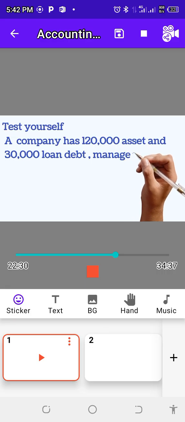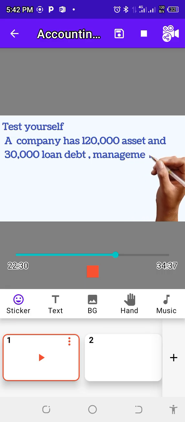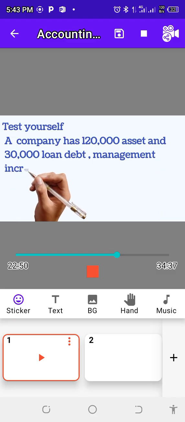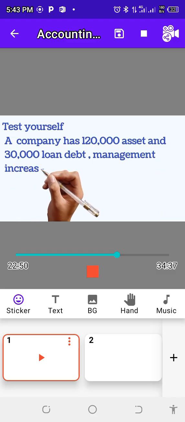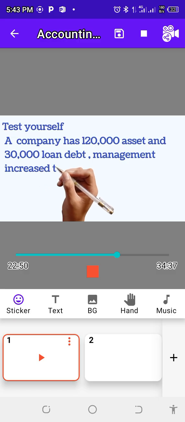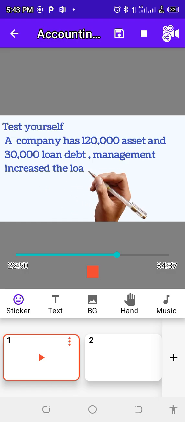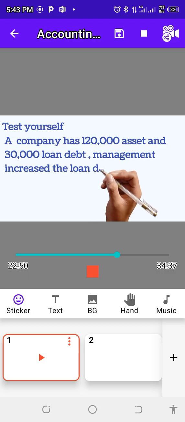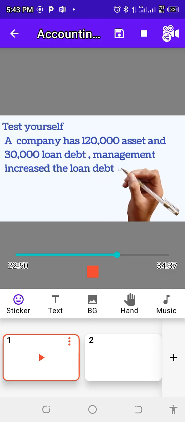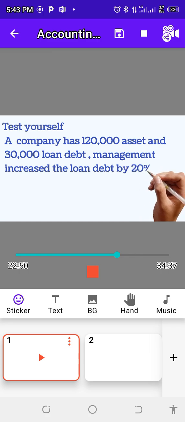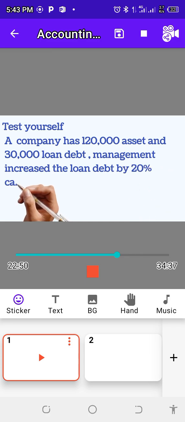The question reads: a company has 120,000 assets and 30,000 loan debt. Management increased the loan debt by 20%. Calculate the equity.